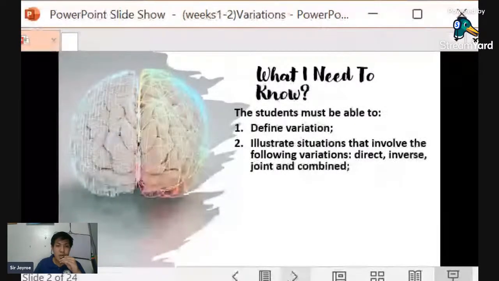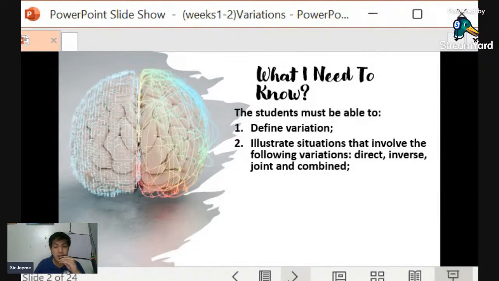So the objectives are, define variation. At the end of this lesson, you should know how to define variations. And then number two, illustrate situations that involve the following variations: direct, inverse, joint, and combined. So ano ibig sabihin nun?